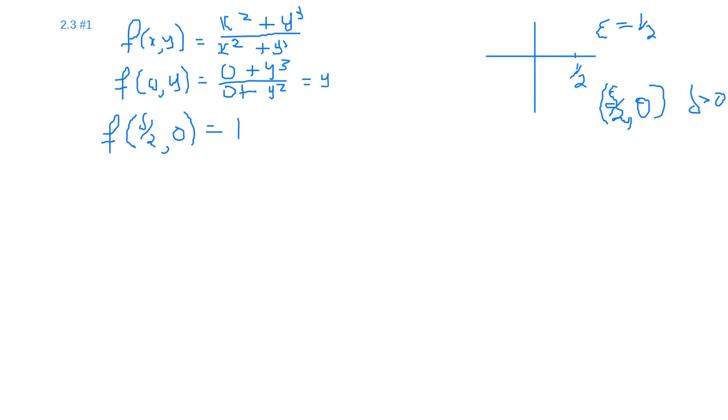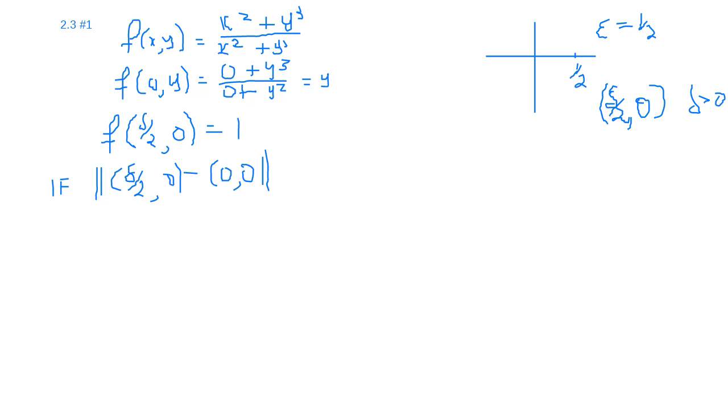So at all of those points, it's going to be impossible for the function value to be less than epsilon, which is equal to a half, because the function value is all equal to 1. So even if I have, in this case, the distance between my point delta over 2, 0, minus 0, said the limit must be 0 when xy tends to 0.